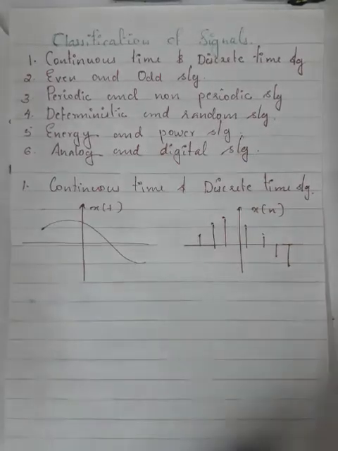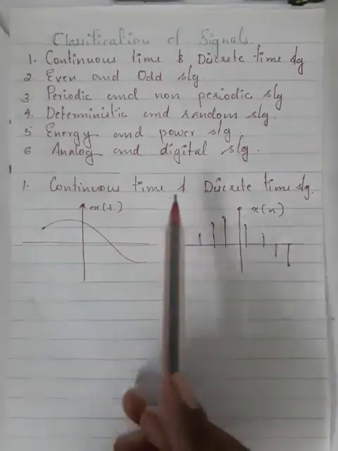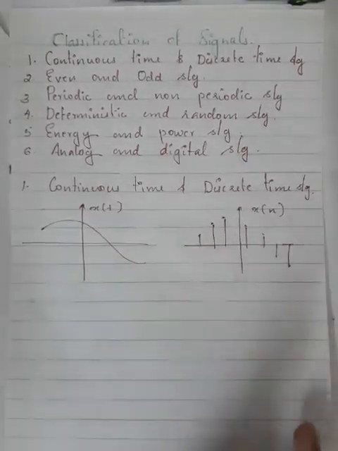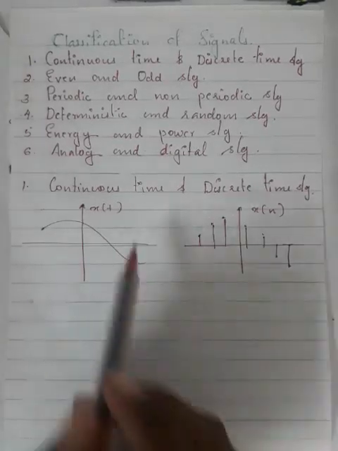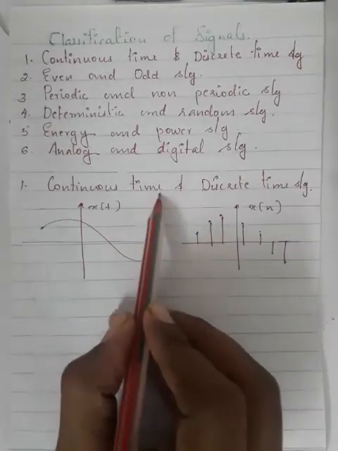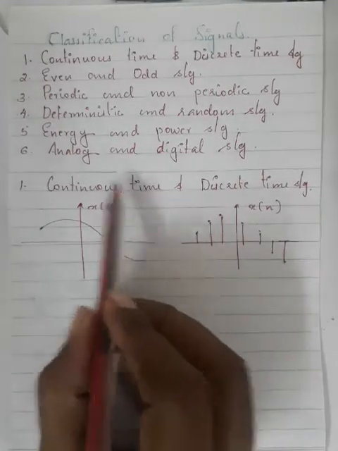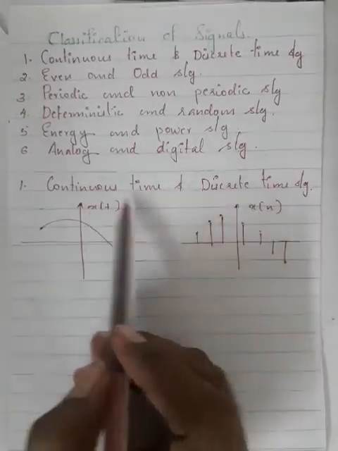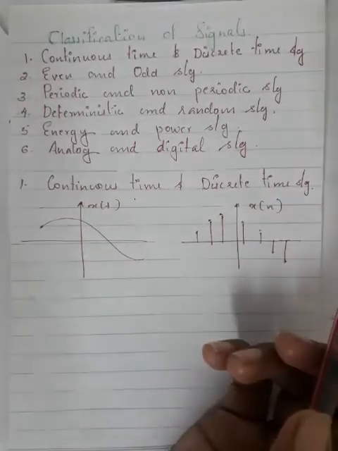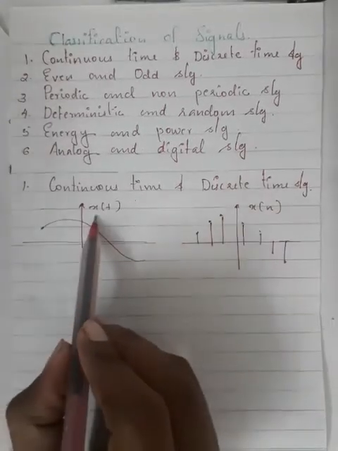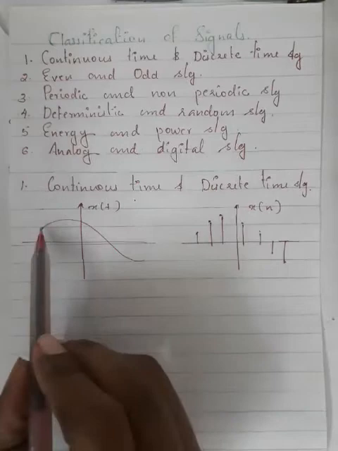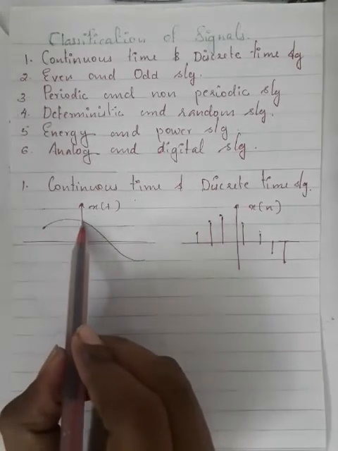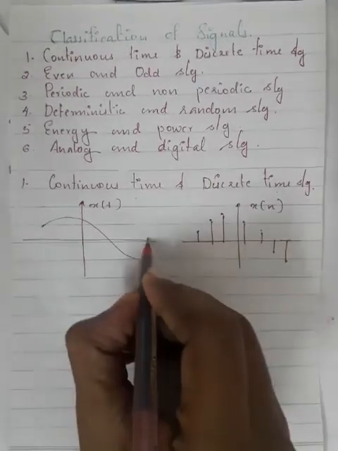As the name suggests, it depends on how we represent this function. As we know, a signal is a function, so how we represent this function with respect to time is the basis for this classification: continuous time and discrete time. A continuous time signal is represented as x of t, where the function has a value for every time.